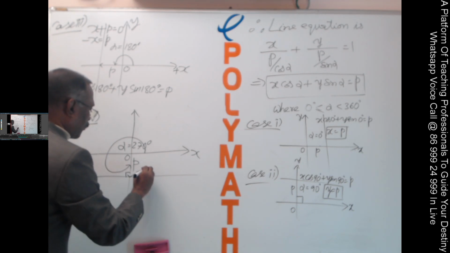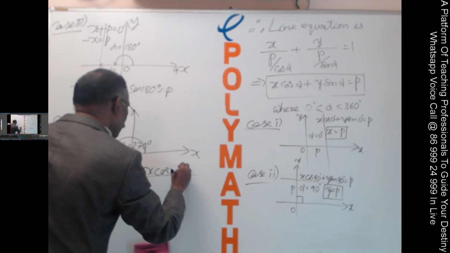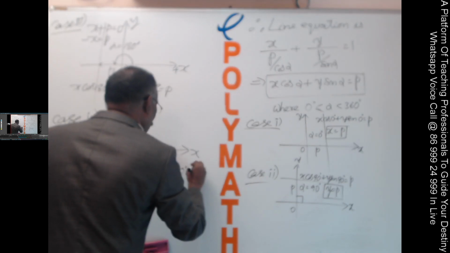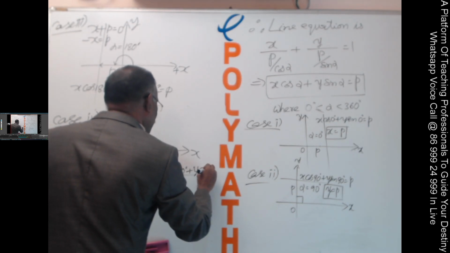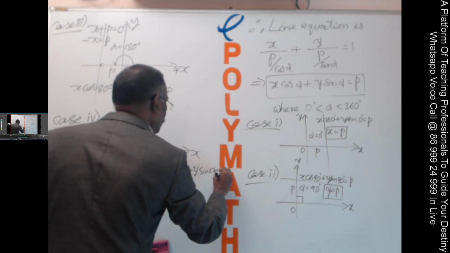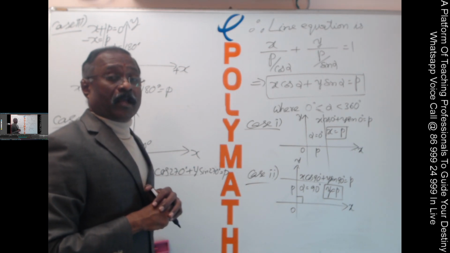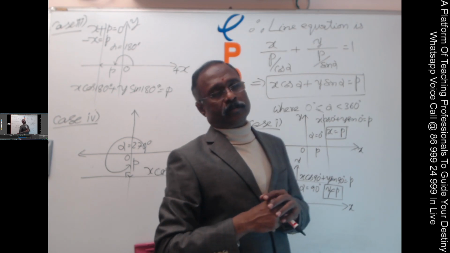Let us write the line equation now. X cos 270 degrees plus y sin 270 degrees is equal to P. Cos 270, everyone knows it is 0.